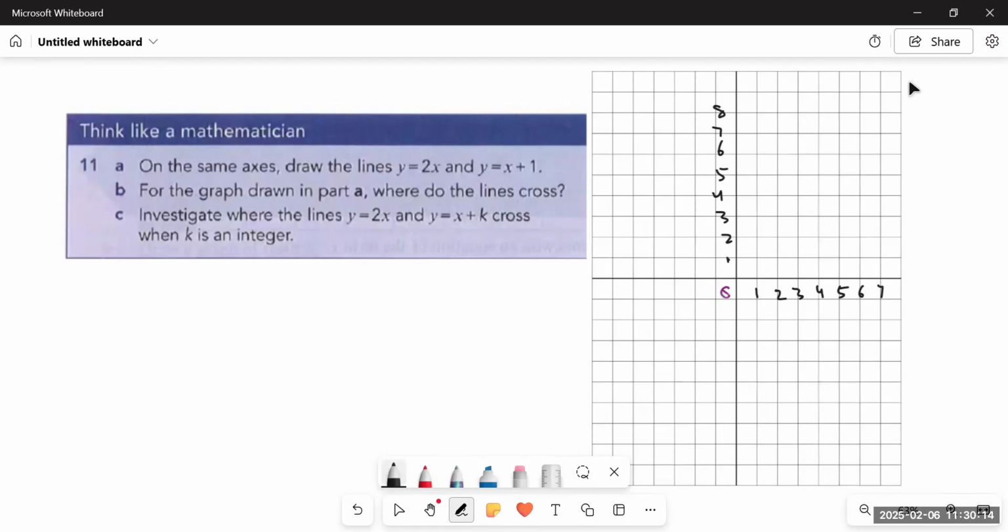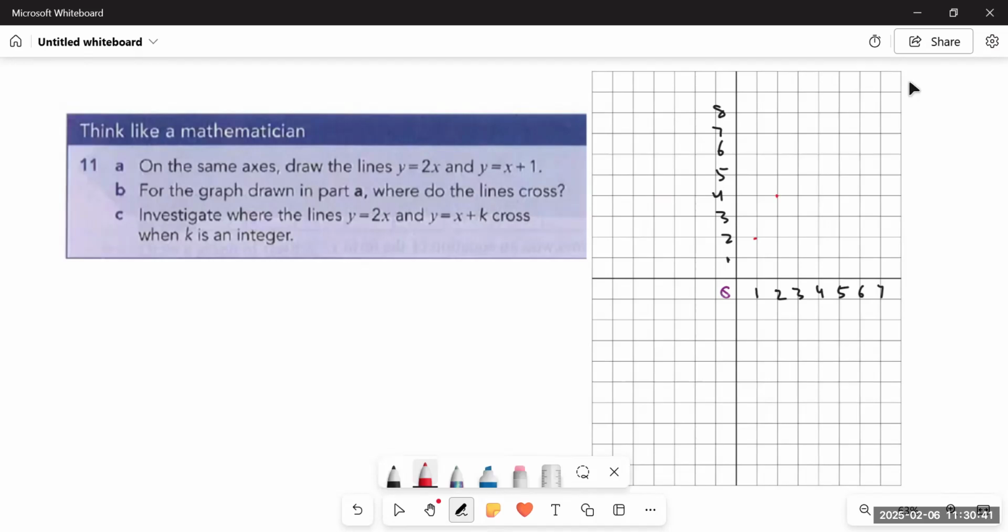Starting from the line y is equals to 2x. So suppose x is equals to 1. Okay. So if x is equals to 1, y would be 2 multiplied by 1 is equals to 2. You see, whatever is the value of x, the value of y would be its double. If x is equals to 1, y is equals to 2. If x is equals to 2, y is equals to 4.